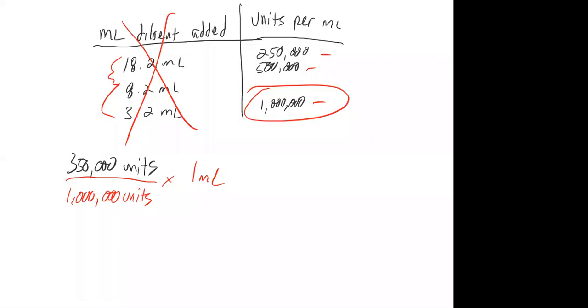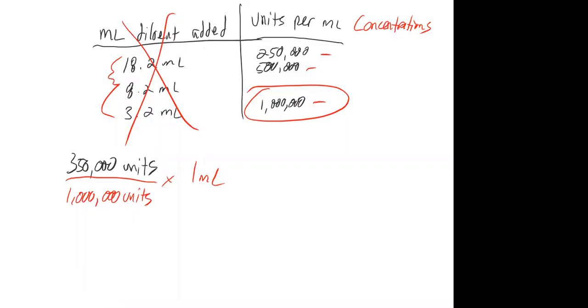Now, for math, I don't care about the practical aspect of adding the volume. I'm just going to assume that's already been done, and I'm just going to look at the concentrations. So the units per mL, these are your concentrations, and that's what you want to pay attention to.